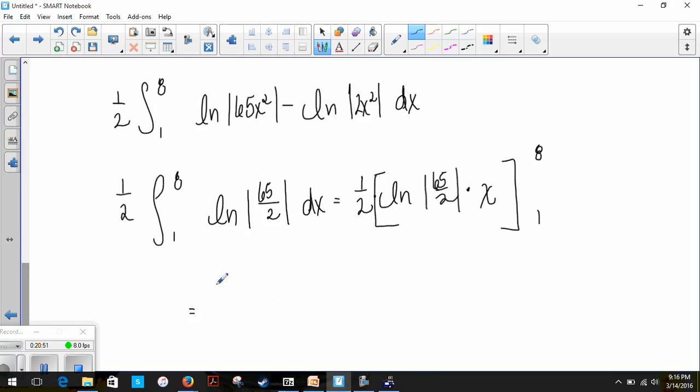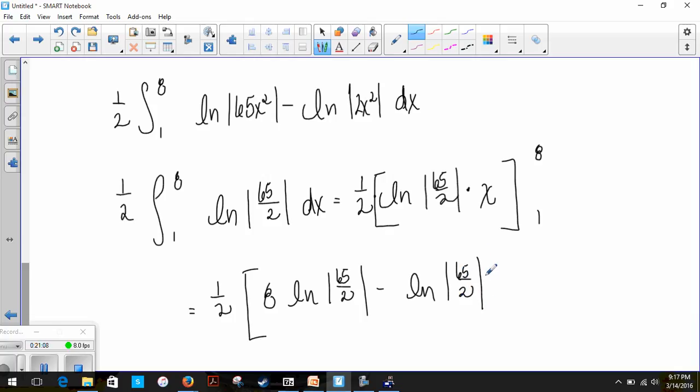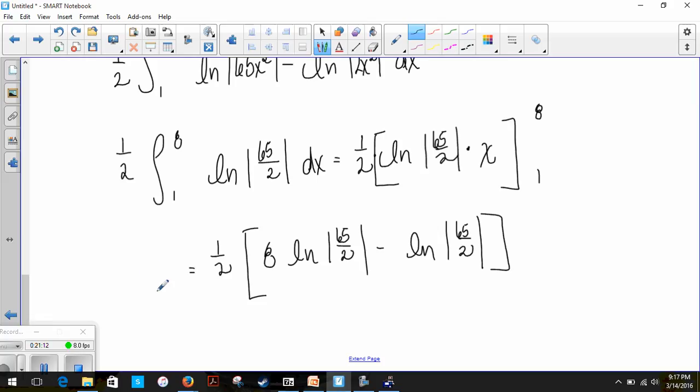Okay. 1/2. Are you having fun yet? 8 ln 65 over 2 minus just another ln of 65 over 2. And once again, we have ones that we can put together.